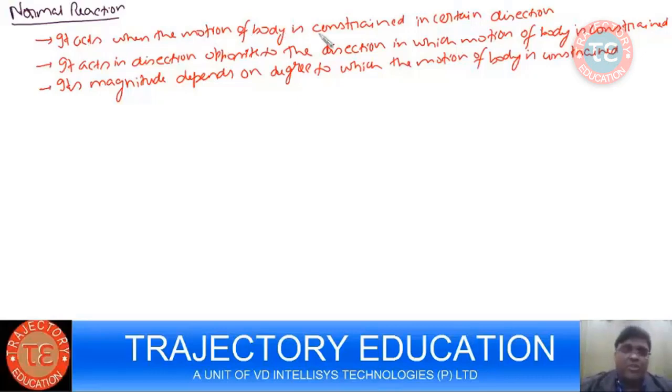So it acts when motion of the body is constrained in certain direction. It acts in direction opposite to the direction in which motion of the body is constrained. Its magnitude depends on the degree to which motion of the body is constrained.